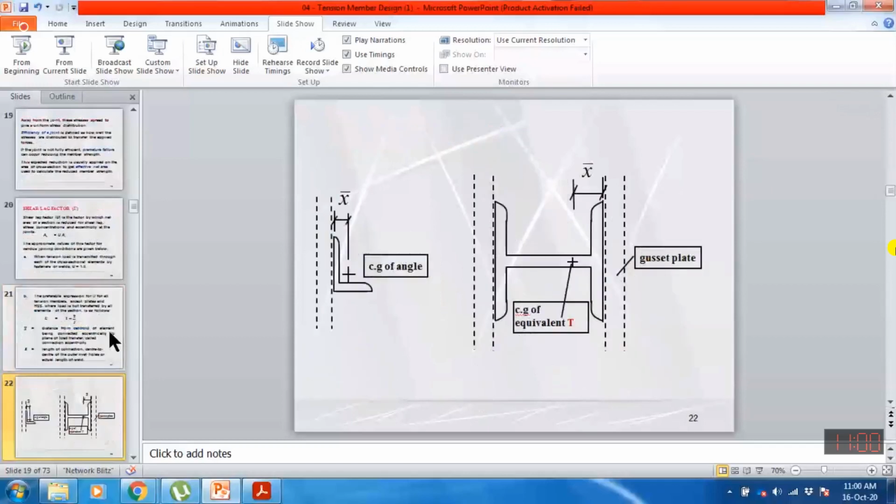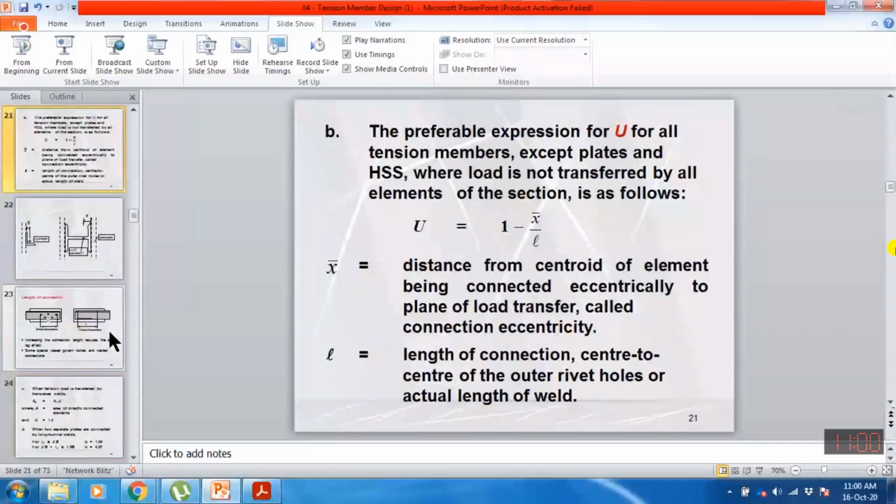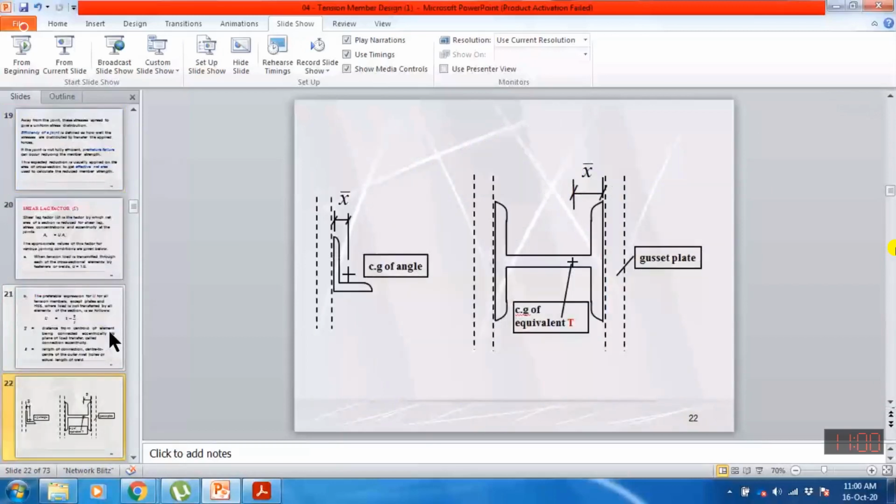Okay, here. So here you will understand that the center line of this angle section is over here, and the center line of this gusset plate will be somewhere here. So it means that the distance between the centroid of the plate and the center of the angle section, they are having certain eccentricity. So at the connection, due to the eccentricity, some extra moment will come.